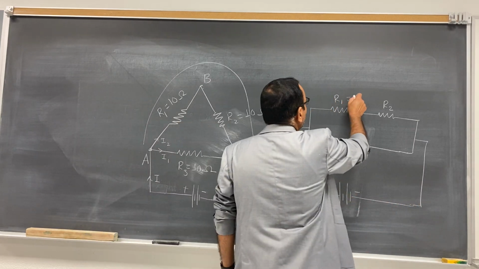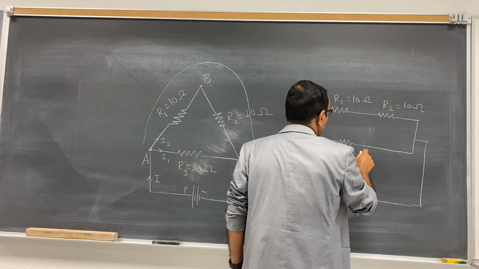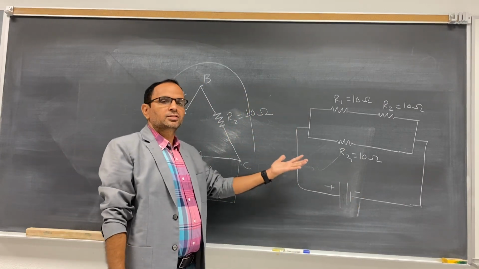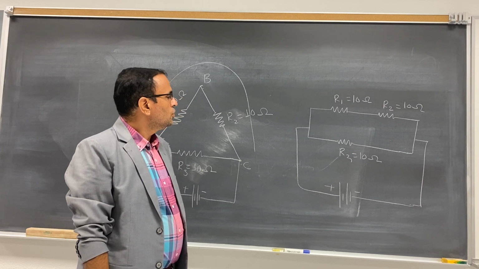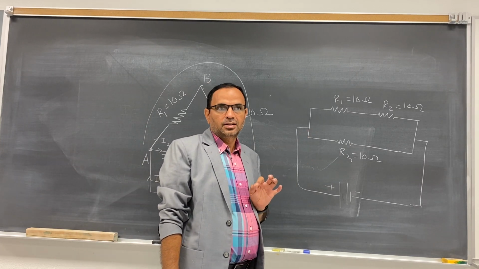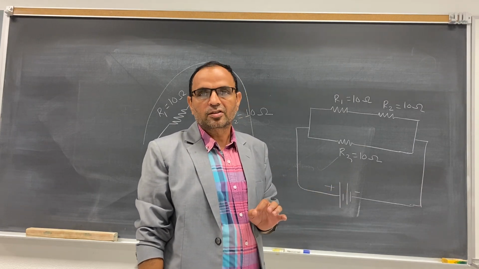All are 10 ohm, 10 ohm, 10 ohm, and this is also 10 ohm. I can ask you to calculate the total resistance, or I can also ask you to calculate the total current. So first calculate the total resistance. Then if necessary, you can calculate the total current through the circuit.